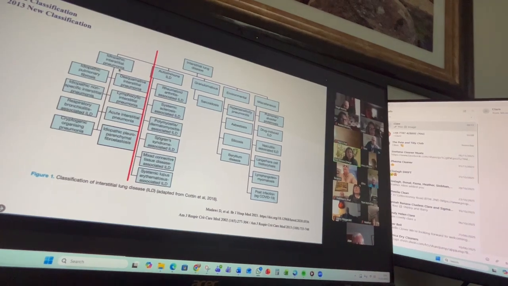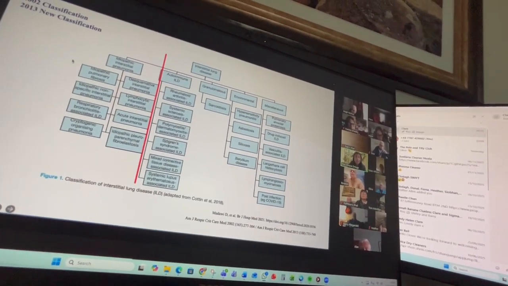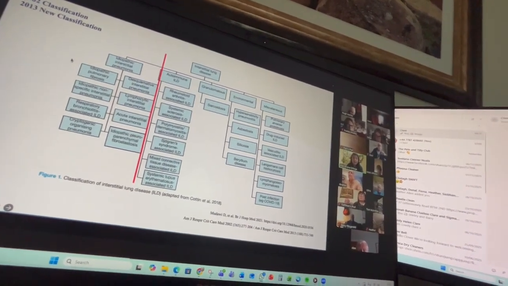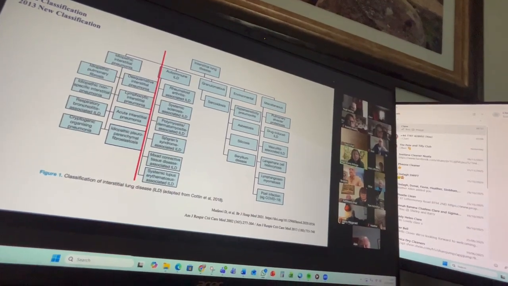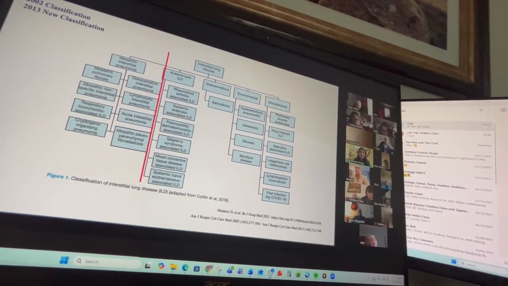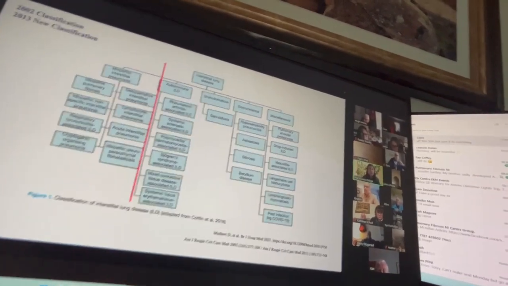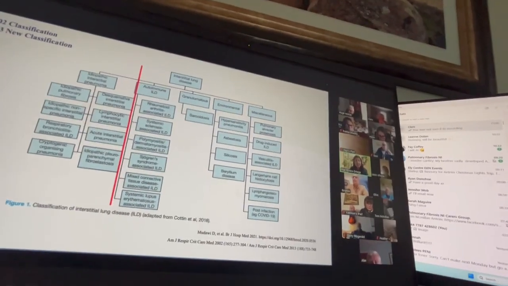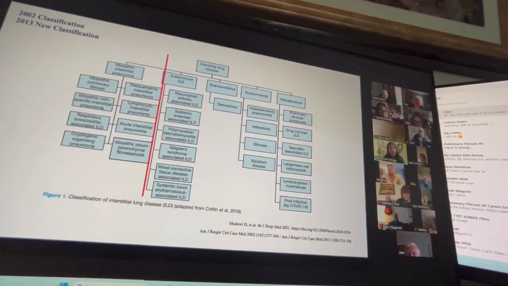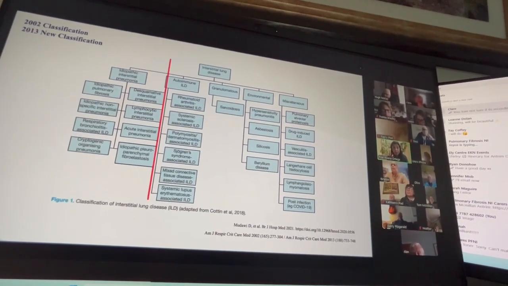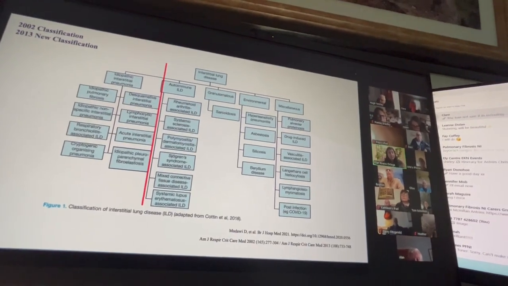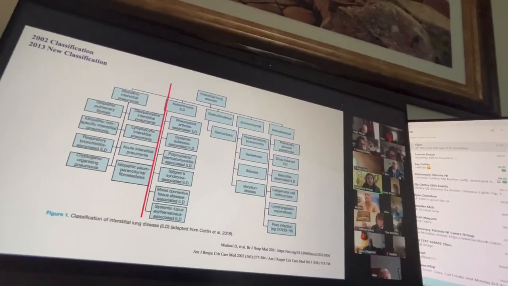Although the name ends in pneumonia, that doesn't mean it's associated with infection. It's a different type of inflammation, and sometimes there is no inflammation directly, just scarring and also volume loss in our lung.